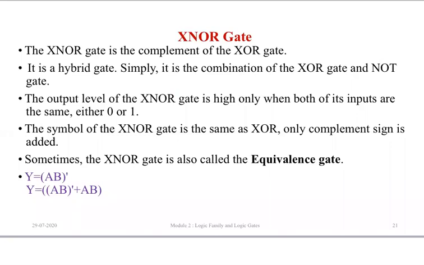For 0 0 and 1 1 it will be high, and otherwise it is 0, low. You can write down the third sentence: the output of XNOR gate is high only when both of its inputs are same. It can be 0 0 or 1 1. So XNOR is the complement of your XOR gate.